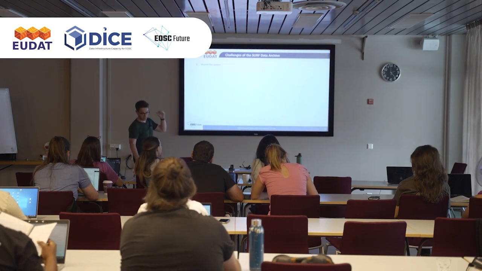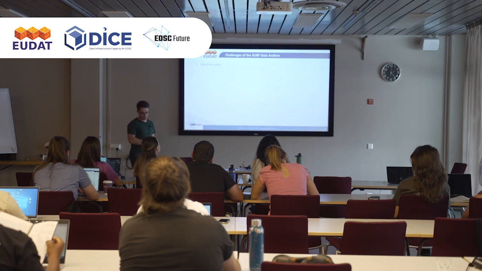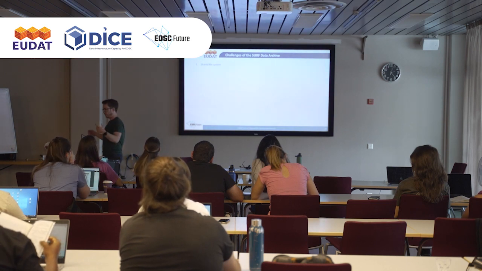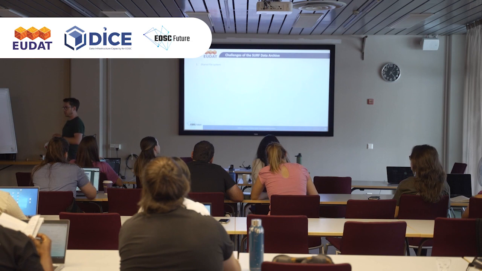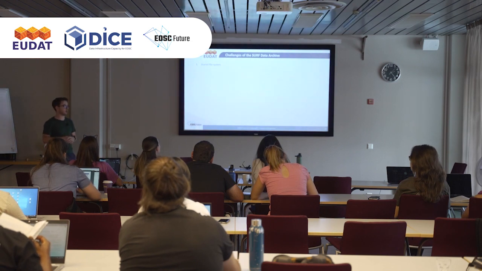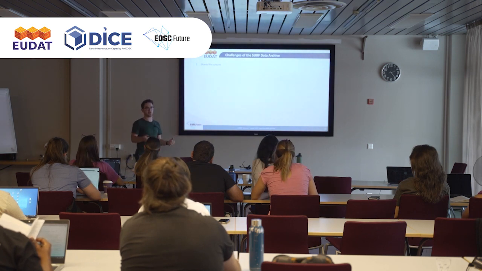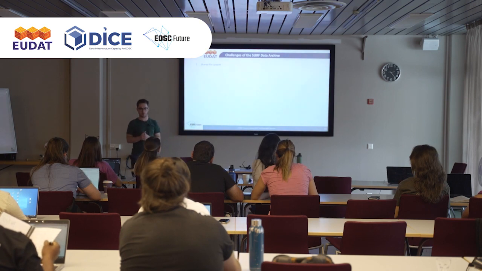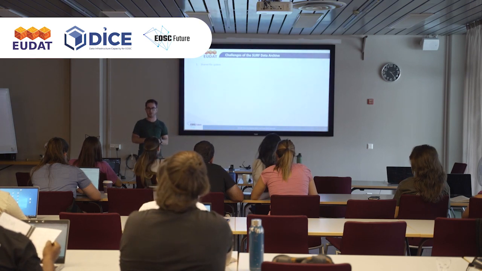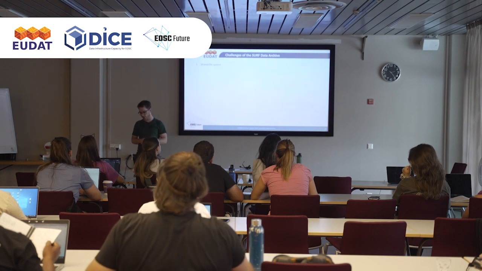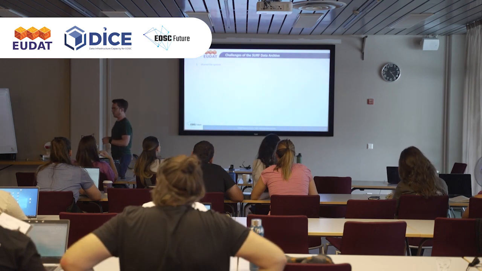However, there are some problems. The first thing is that we built the data archive originally as part of the compute infrastructure of SURF, so the high performance computing infrastructure. And by nature, high performance computing systems always use shared file systems. So everybody is working on the same file system, which makes working with the files very easy, but it also makes it very easy to have a data leak.